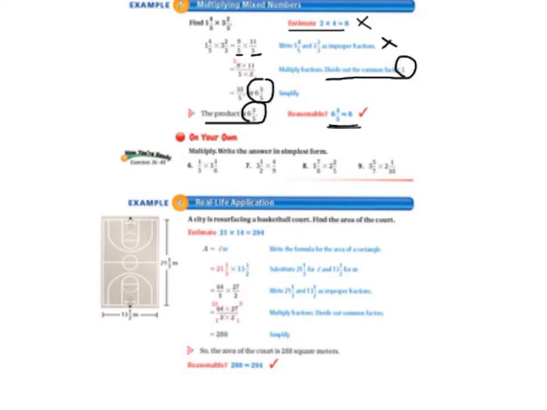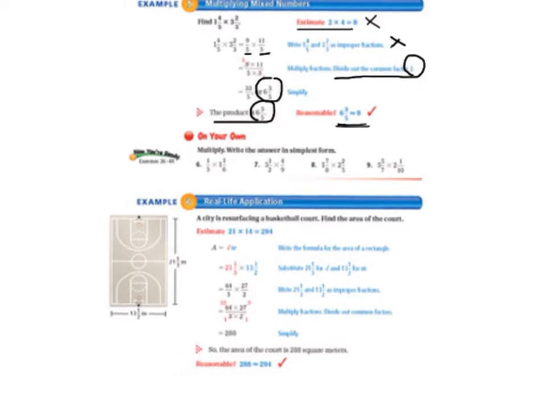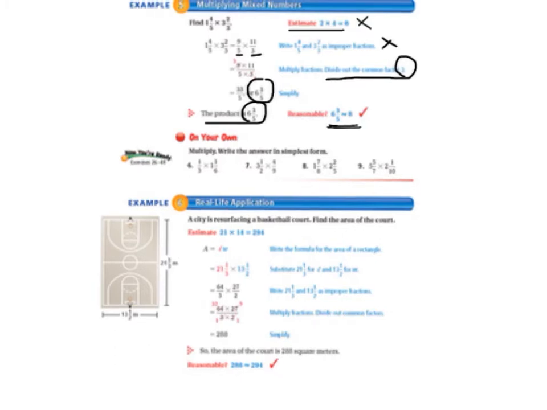So we are going to estimate, and when we do that, we round 21 1/3 to 21, and we round 13 1/2 to 14, and we come up with an estimate of 294 meters.